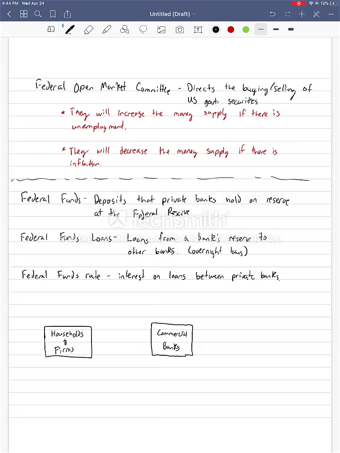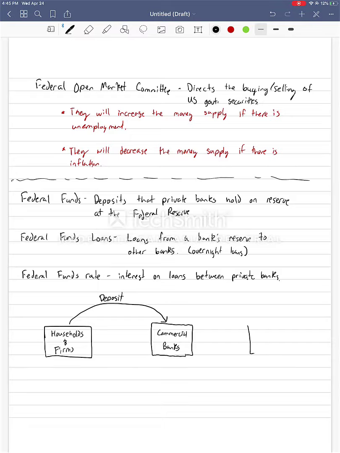Now, first we know that households and firms hold their deposits at banks. So that's your checking account. Once again, firms have their business accounts at commercial banks.